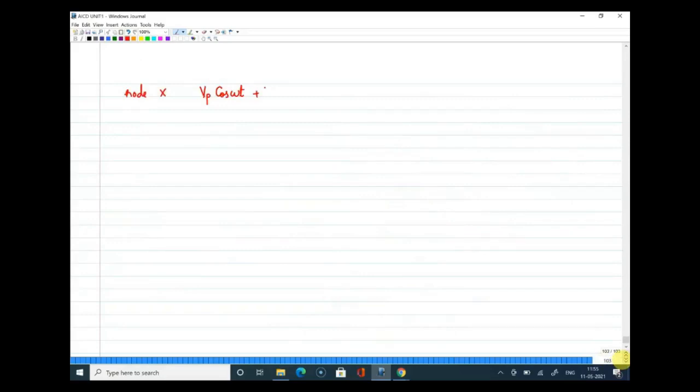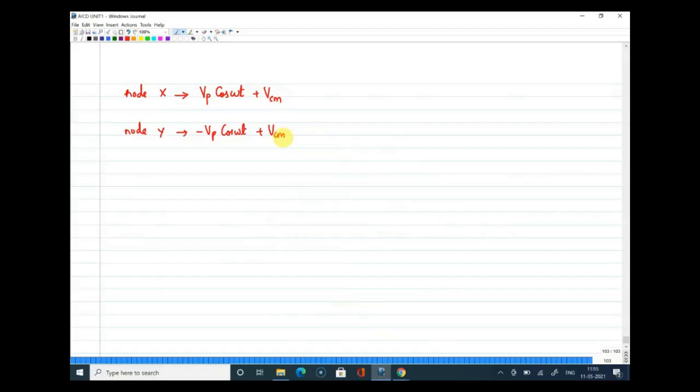So let us assume that at node X the voltage is Vp cos omega t plus VCM, and at node Y you have a voltage which is minus Vp cos omega t plus VCM, right? What is the meaning of that? VCM is the DC voltage on which the signals are swinging.